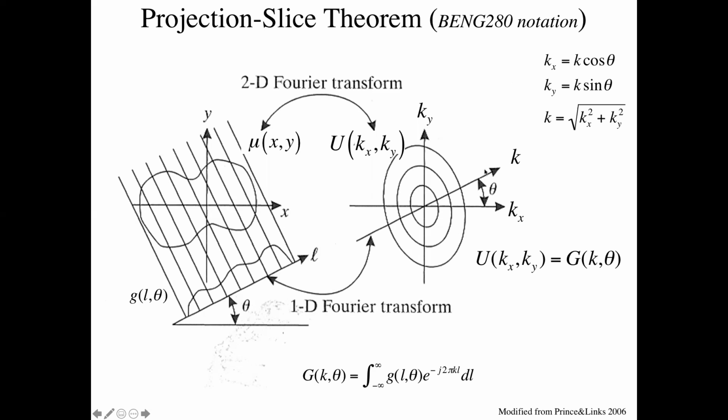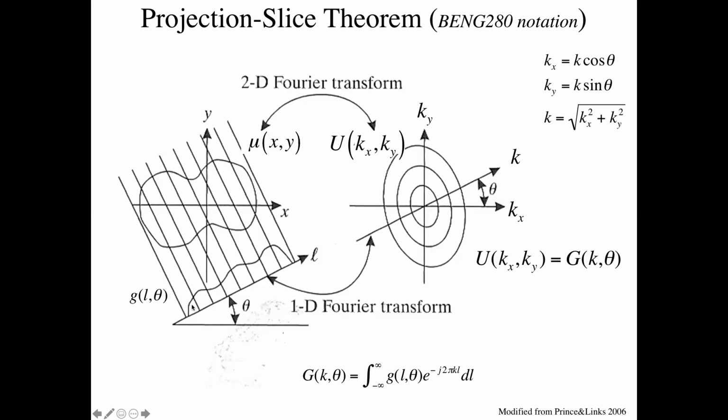So this tells you that we should be able to reconstruct our original 2D image from the projections, because when I take the Fourier transform of the projections, I'm actually sampling through the Fourier transform of the 2D object.